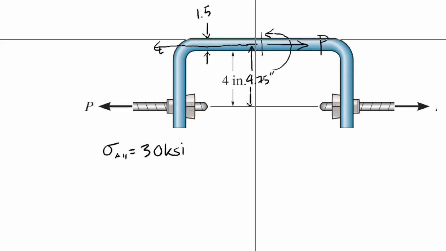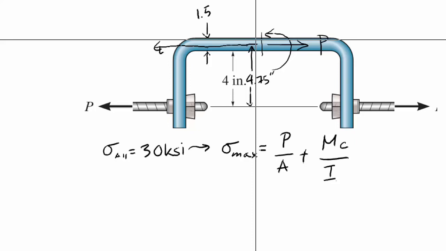And that also relates to your max stress that you'll ever achieve. We know that the formula for stress for both axial and bending is P over A plus MC over I, right?